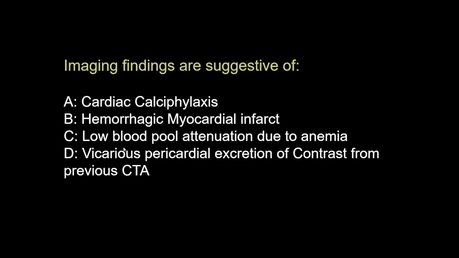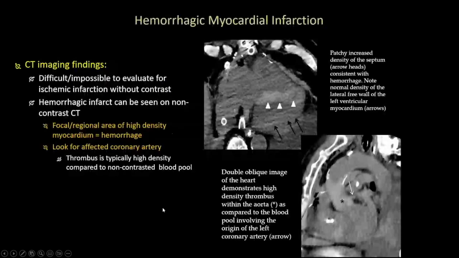If there is a coronary artery rupture, you could see some contrast blush in a focal area of the myocardium also. But typically there'll be a history of that, or the clinical team would be talking about it as an example of coronary artery injury. So this was a case of a hemorrhagic myocardial infarct.